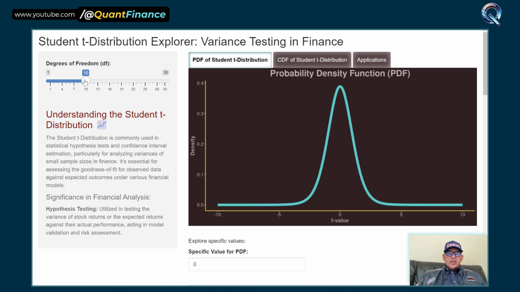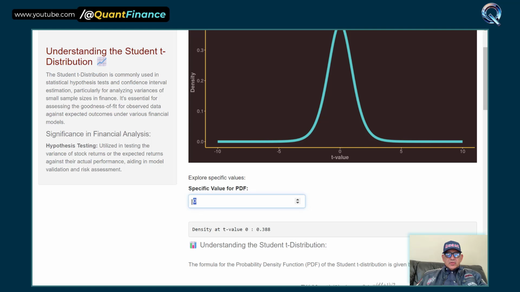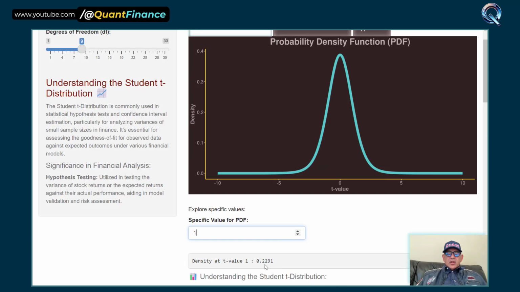We can change the degrees of freedom here, maybe from 10 to 9, and here we can change the value maybe from 0 to 1, and then you see that accordingly that value has changed. It is now 0.2291.